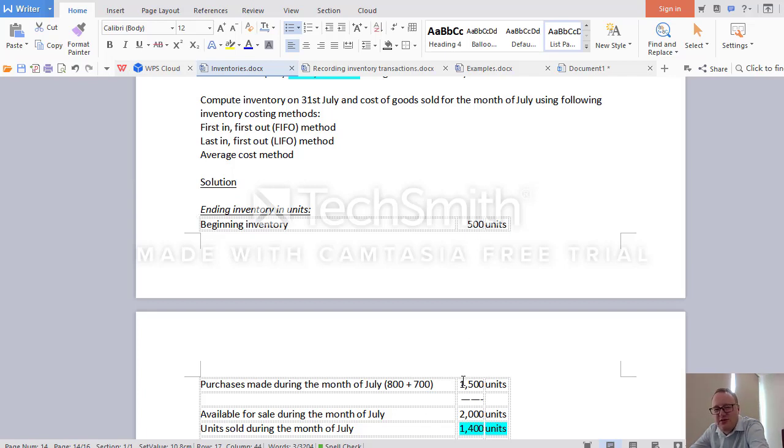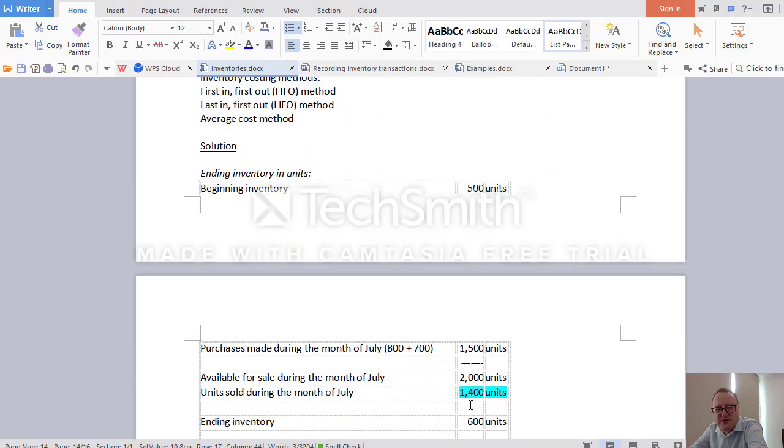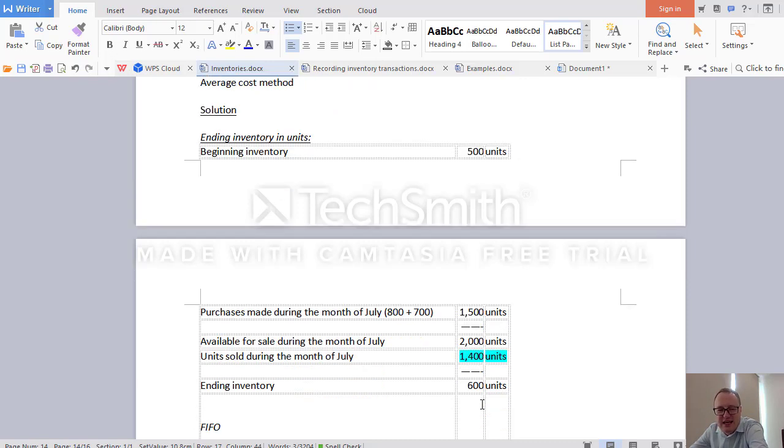Then you purchased twice, 800 and 700, so you purchased 1,500 units. So what is available for sale? 2,000, and of these 2,000, only 1,400 units have been sold, meaning that ending inventory per equation is 600 units.